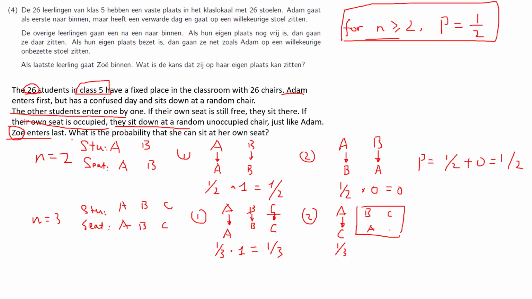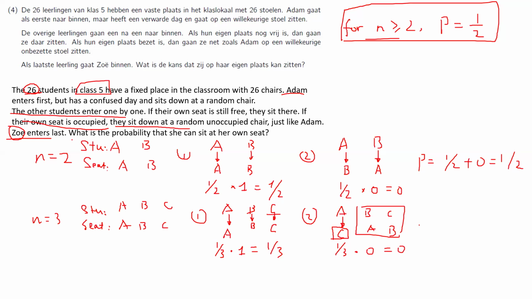The seats are A and B. So no matter how B and C select, the seat C has been already occupied by A. So that is 0 probability that C can still sit in her own seat. So that's why we get 0 in this case.